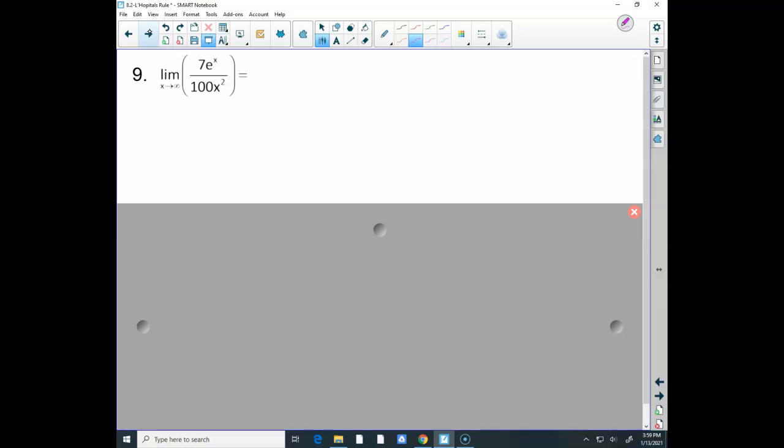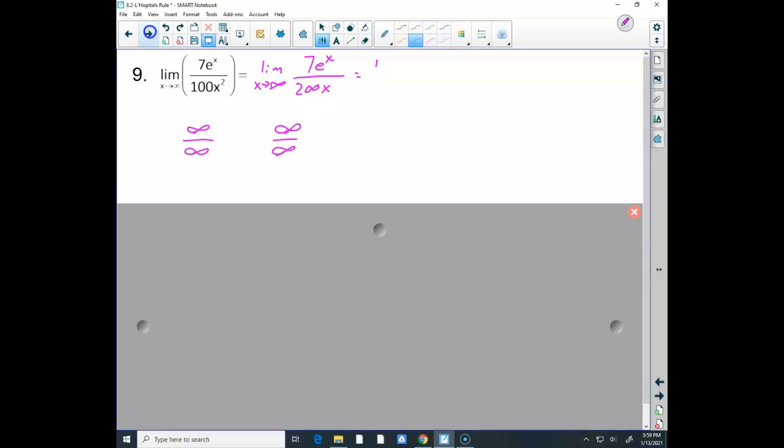Okay, another one here. So now, e to the x, 7e to the x, that looks like a big fat infinity over a big fat infinity there too, doesn't it? Well, so that's the limit as x goes to infinity of 7e to the x over 200x. Well, hopefully by now you're already looking, hey, I have to do this again because I can see infinity over infinity.